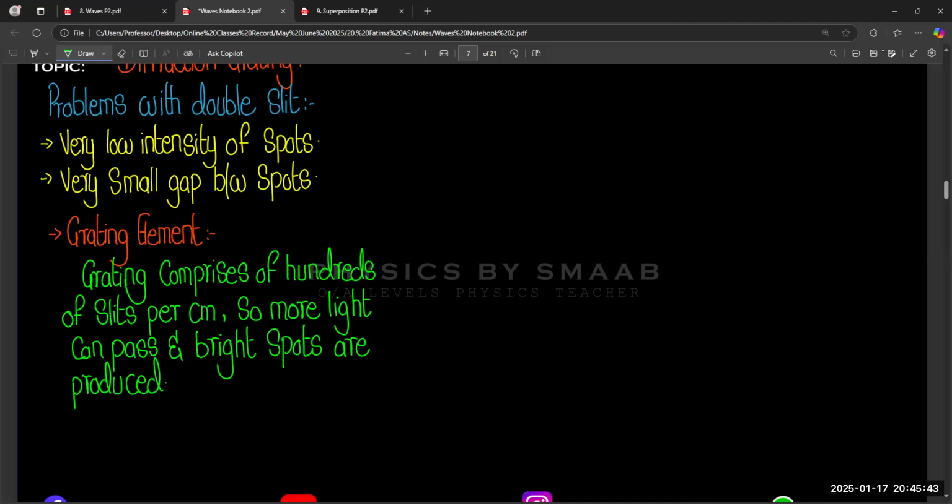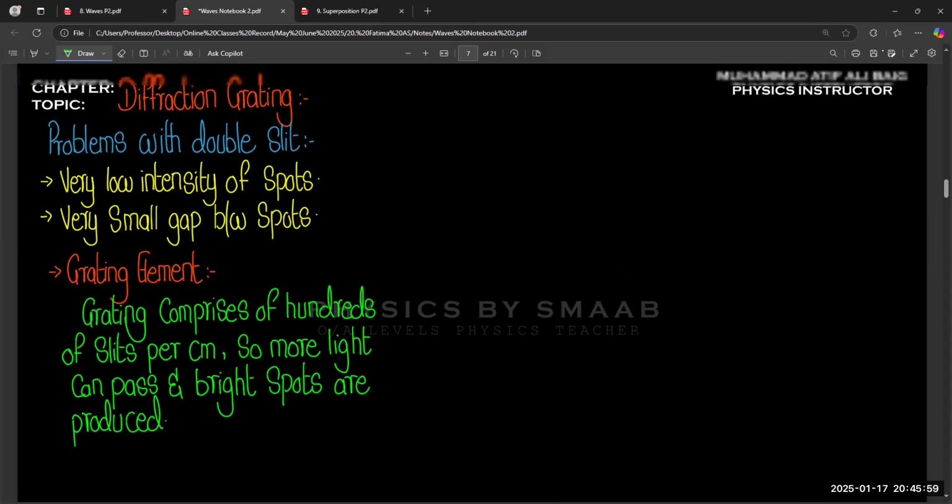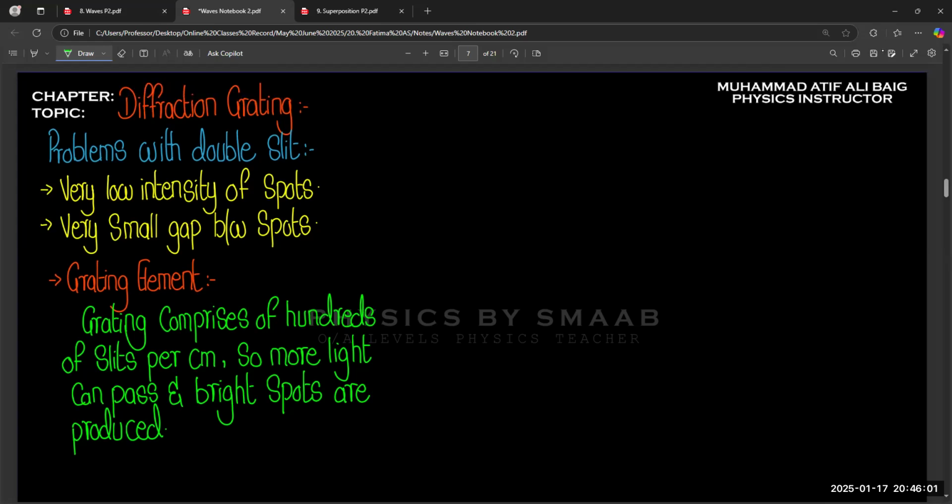Again, we got maxima, we got minima, the same thing: constructive interference, destructive interference. So we have the same concept of maxima and minima, just like the Young double slit experiment, but the procedure is slightly different. In this procedure, we are going to use rotation with different angles. We can rotate from 0 to 90 degrees on one side and 90 degrees on the other side, so it will be a total of 180 degrees from left to right.